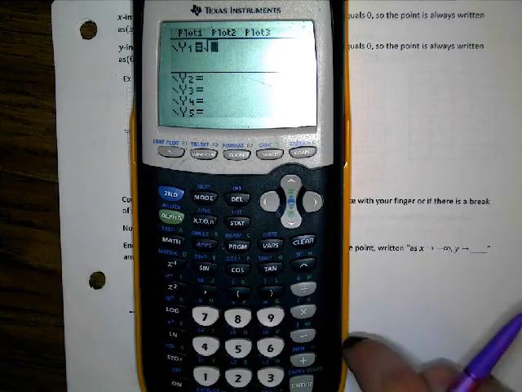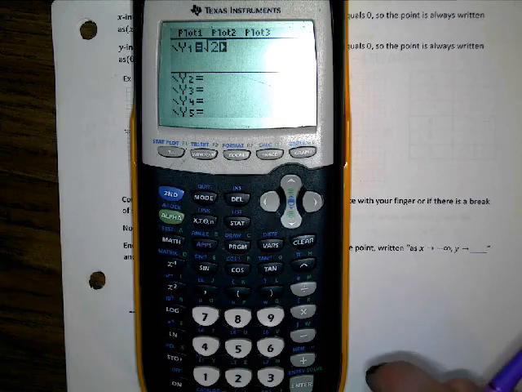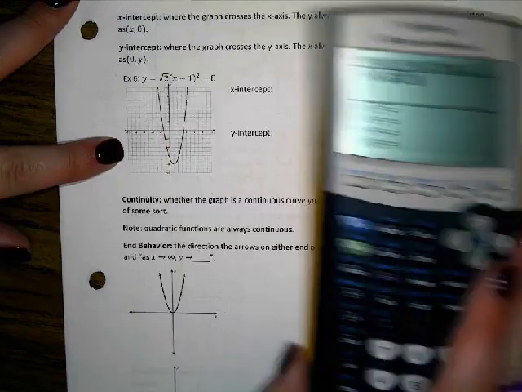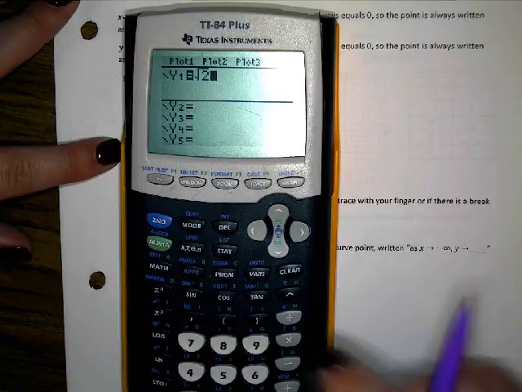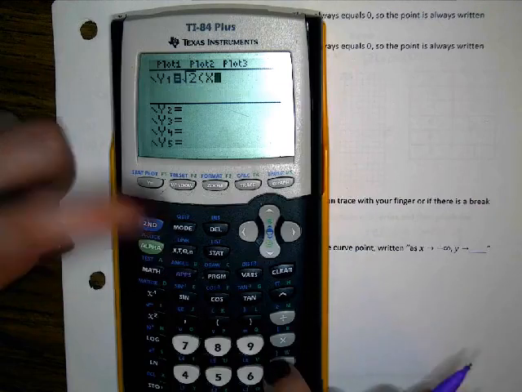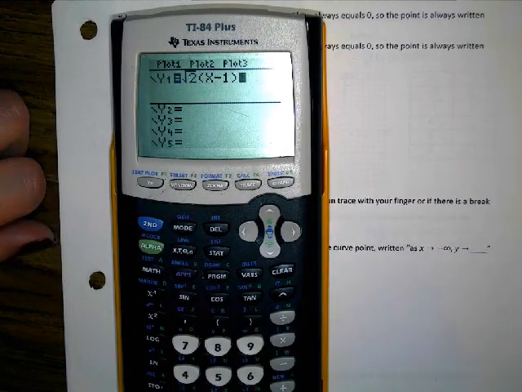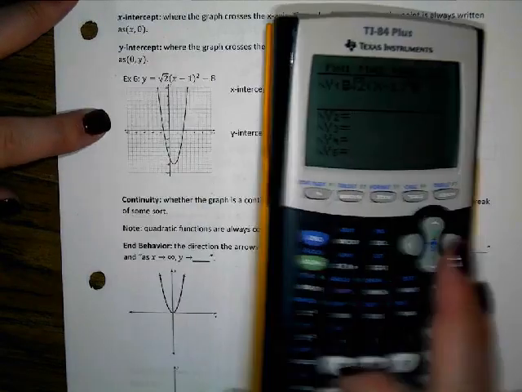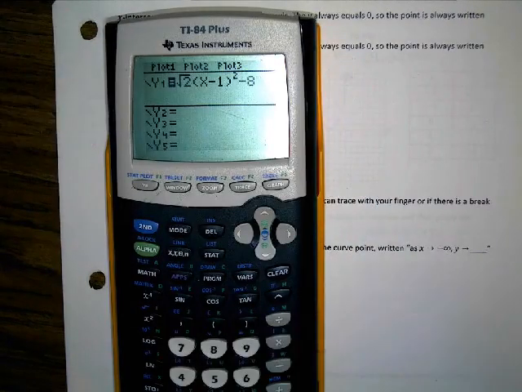And then I'm going to type x minus 1 squared, minus 8. And then you can go ahead and hit graph. Just want to make sure it looks the same as the graph that's on your paper.